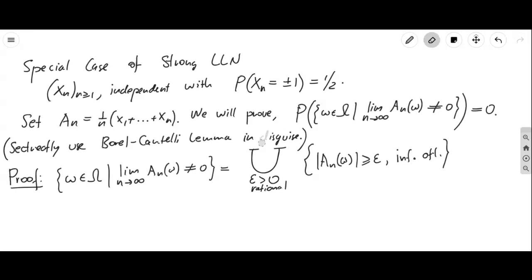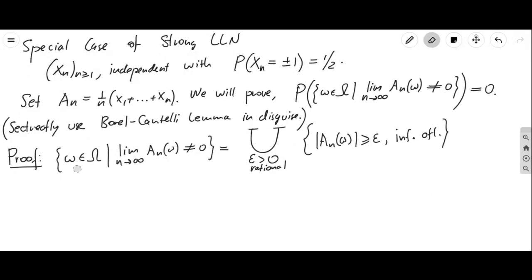The reason is very simple: if something is bigger than a real number, you can find a smaller rational number, and it will be bigger than that smaller rational number. So you can always make the epsilon smaller and replace it by a rational number. So without loss of generality, we can just assume this is a countable union.